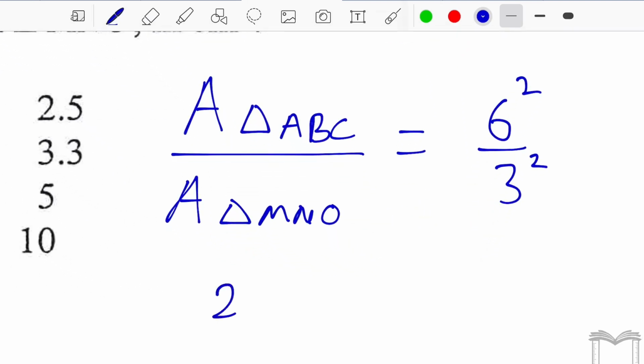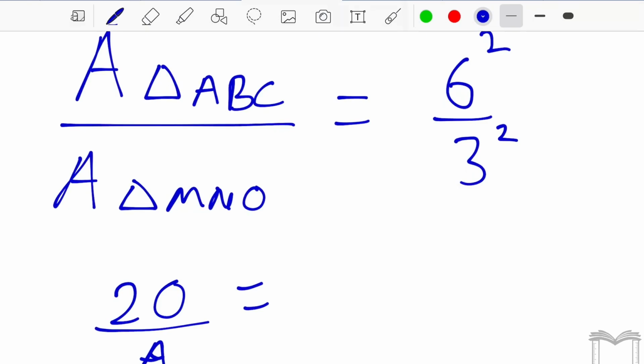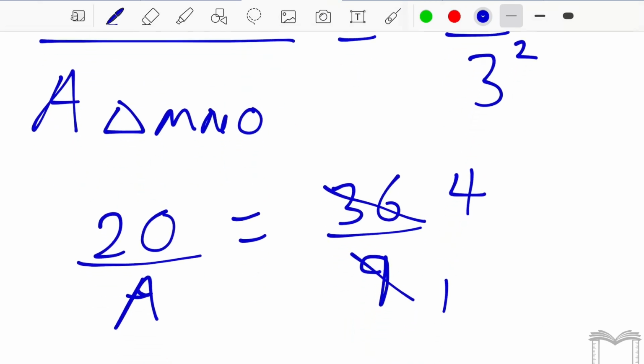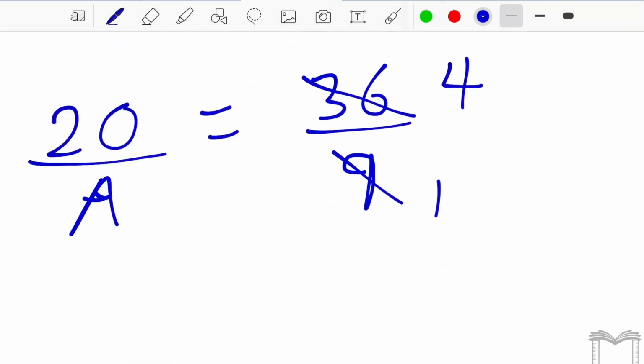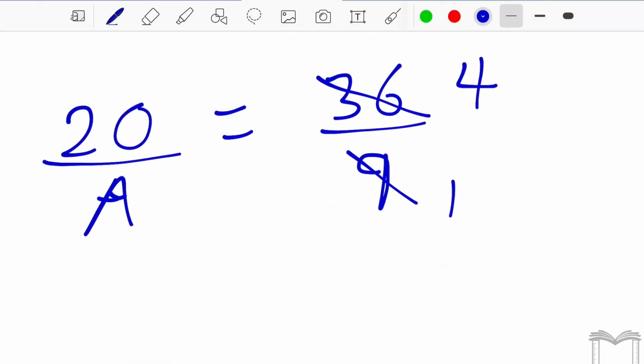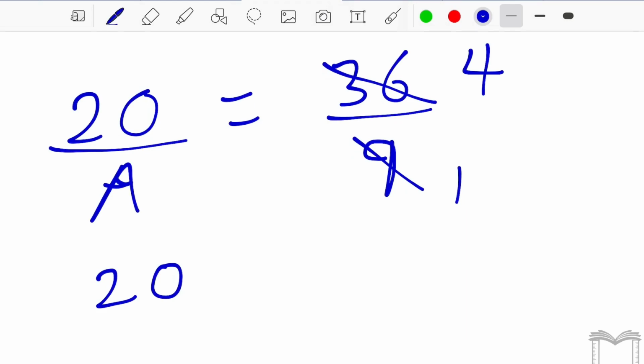Alright, so the area of triangle ABC is 20 centimeters squared over, we just put A for area here now, is equal to 6 squared, which is 36, over 3 squared, which is 9. 9 into 9 is 1. 9 into 36 is 4. So we want to make A the subject of the formula. So we have 20 on the left.